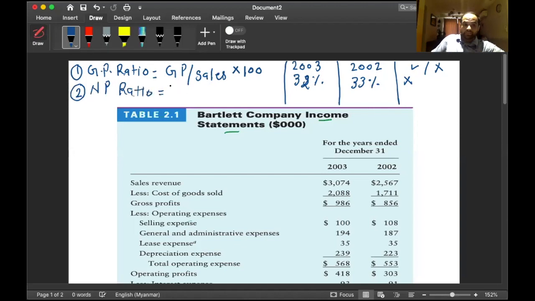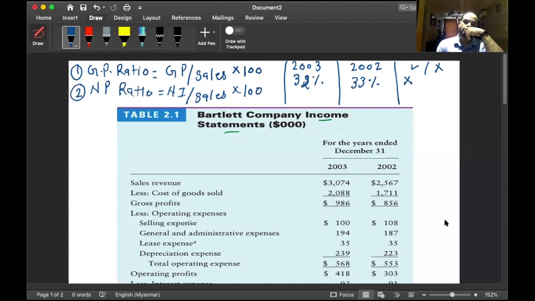The formula is net income divided by sales. Calculate for both years and tell me how much this is. Is it 7.5% or 14%? Make sure you check again. It's net income, all right? Check again whether it's 14% for 2003 or 7.5, because some of you are giving me 7.5 and one student gave me 14%.